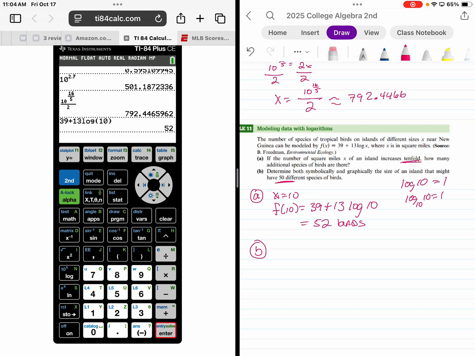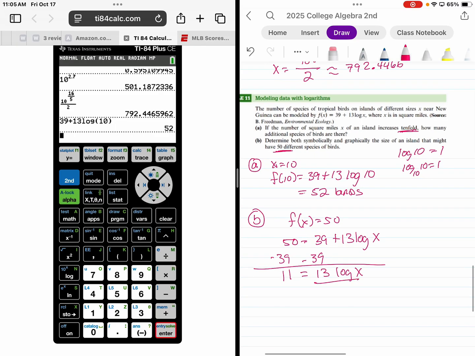So in this case, we're saying that f of x equals 50. So 50 is equal to 39 plus 13 log of x. So 39, we're going to subtract it. I get 11 equals 13 log x. Then I want to divide by the 13.